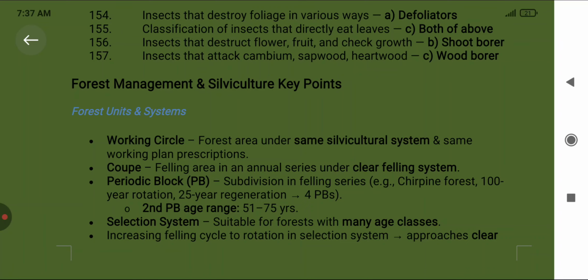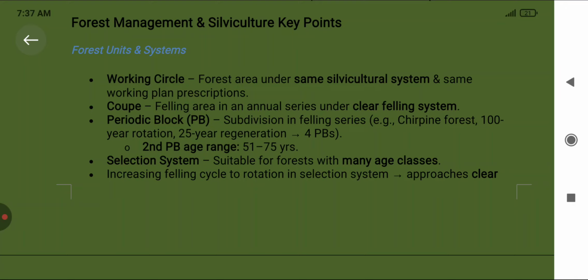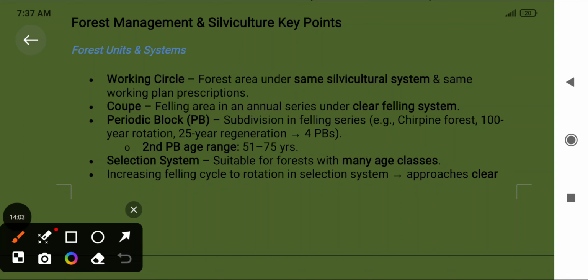And working circle of forest management: forest area under same silviculture system and same working plan prescription. Coupe: felling area in an annual series under clear felling systems. And periodic block: subdivision in felling series. Chir pine forest 100 years rotation, 25 years regeneration for PS.